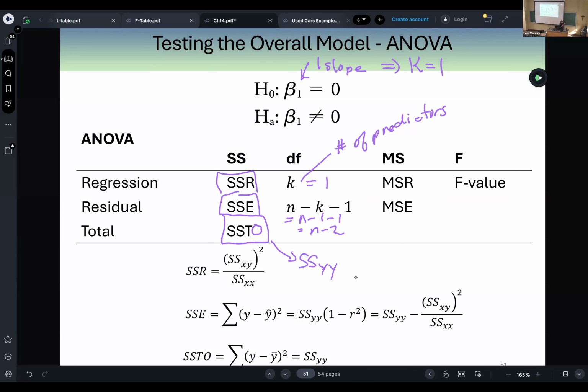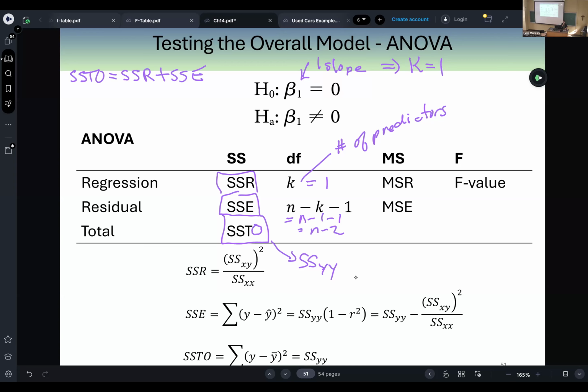And if you know any two of those, you can figure out the third. So if you know the SSTO and you know the SSE, then the SSR is going to be the difference, because SSTO, just like we did before, will be SSR plus SSE, two sources of variation.